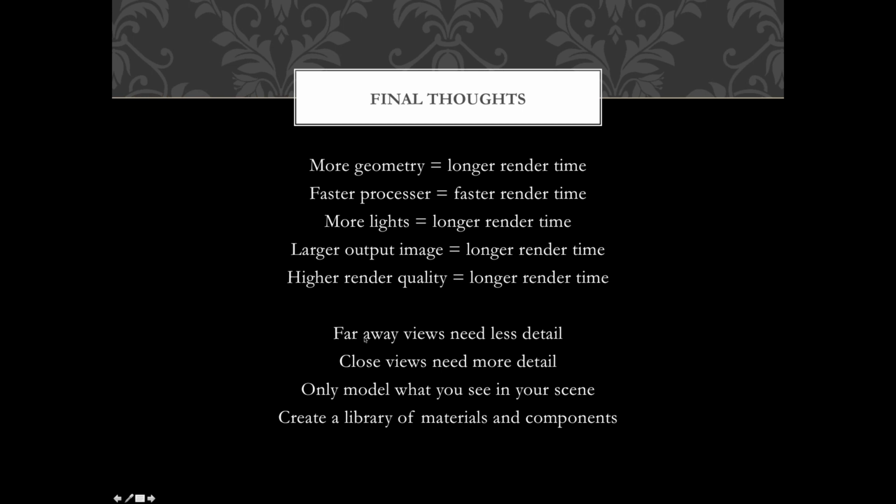The bigger your output image, the longer it's going to take. Like I said, if you double your width and height, you have 4 times as many pixels, so it takes 4 times as long to render. And higher render quality is going to take longer, so you want to start with your low render quality and move up from there.